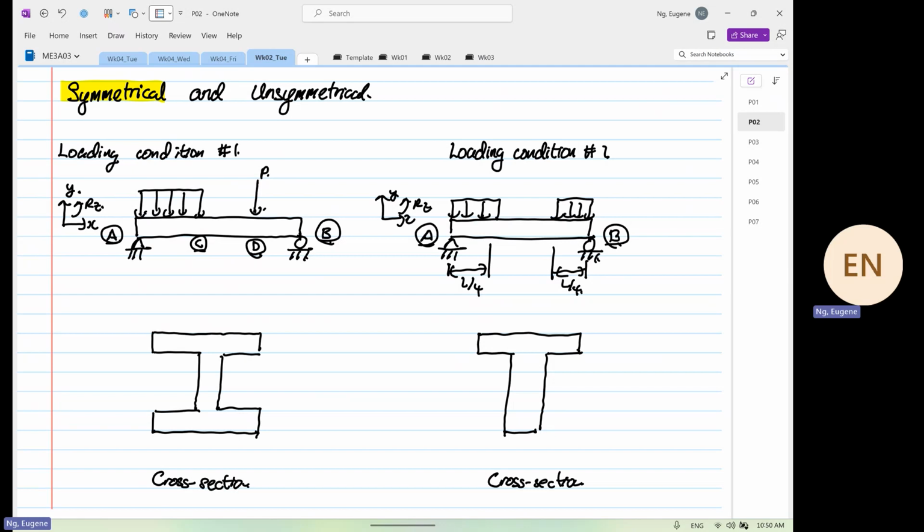Any other picks? Yes, 2. Anyone else? Both of them symmetrical. Both of them are definitely centric, but which one is symmetrical? Just the first one. So there is 1 and there is 2. Any other takes?